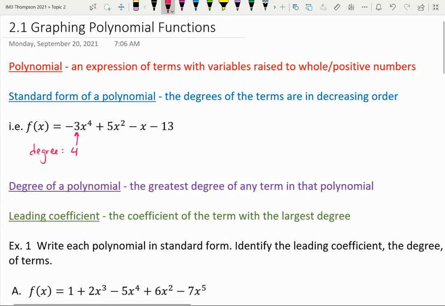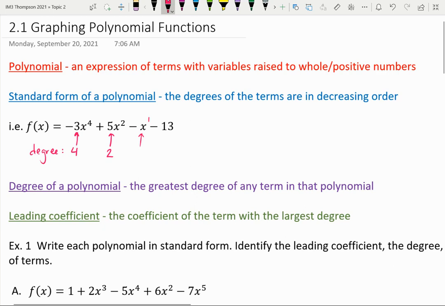So when I look at the next term, 5x squared, the exponent on the variable is 2. So this term right here is degree 2. We don't have a visible exponent on the minus x, but we know that if there's no exponent but I have an x, then that's automatically a 1.